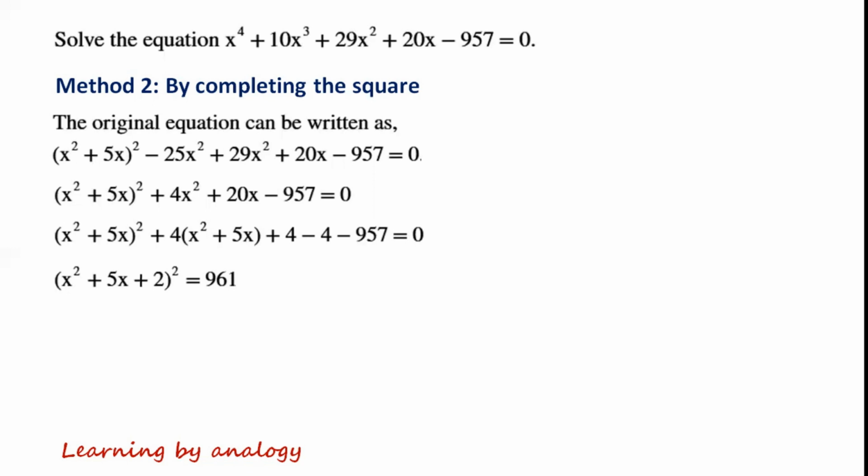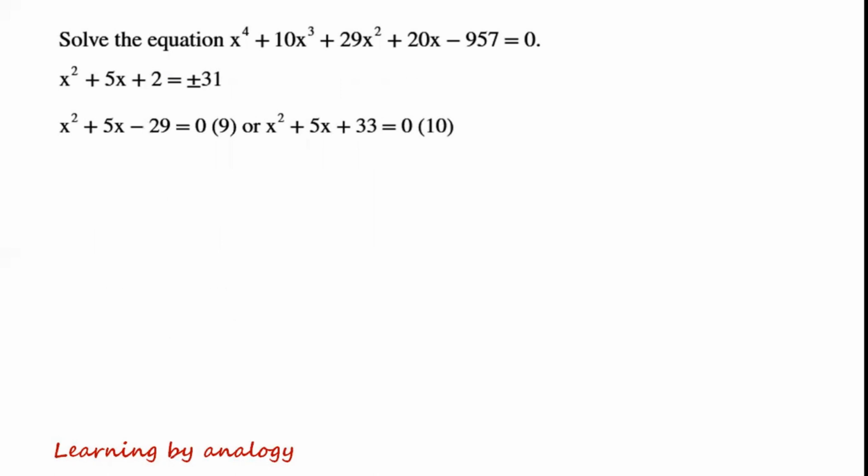equals 961. By simplifying the equation, 961 is equal to 31 squared. So x squared plus 5x plus 2 equals plus or minus 31.